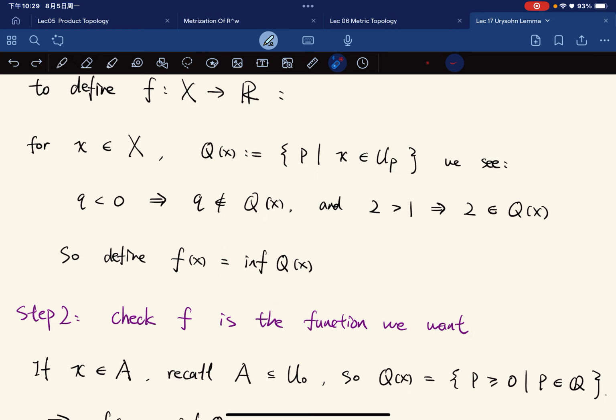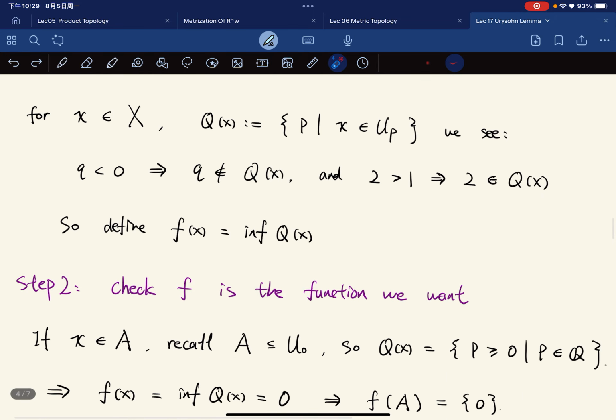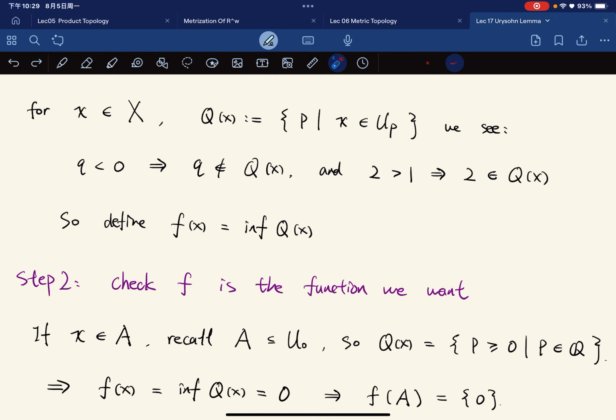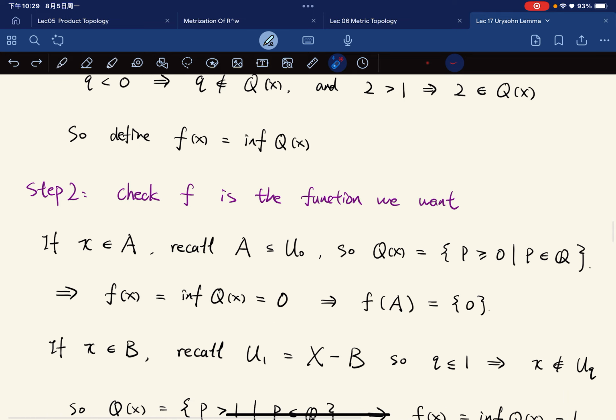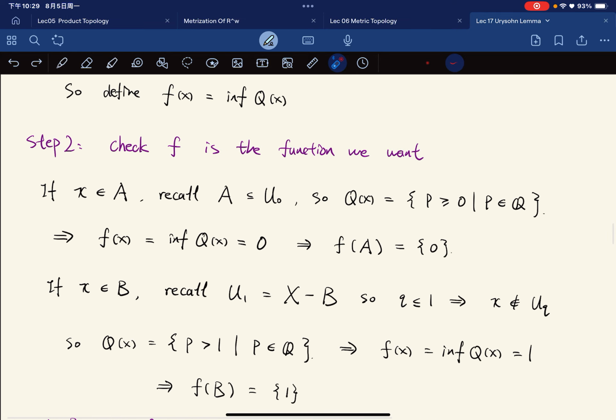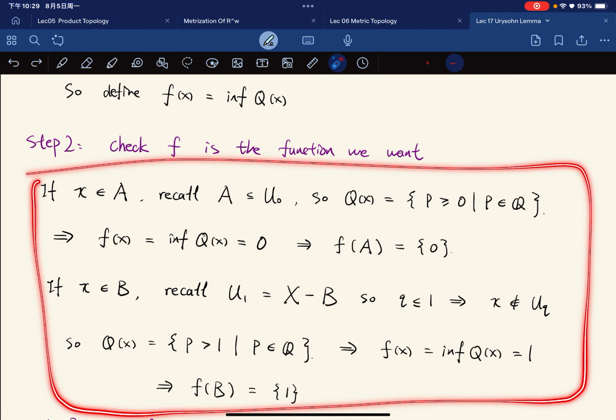So this is the rigorous setup, and it turns out that this f is the function we want. Let's verify the condition on the outputs.